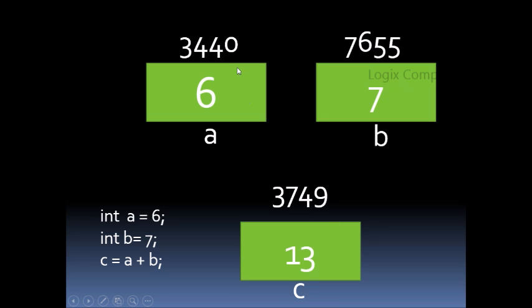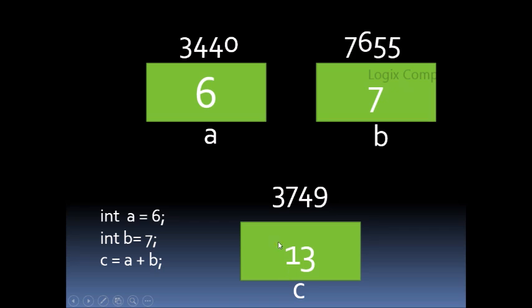So int a is equal to 6, which means that the number 6 has to be assigned to the address a. So a is an address which will contain the number 6, b is an address which will contain the number 7, and then we have written c is equal to a plus b. So c will contain the addition of a plus b.